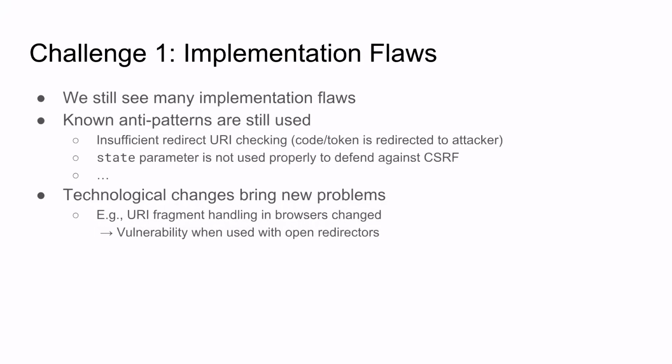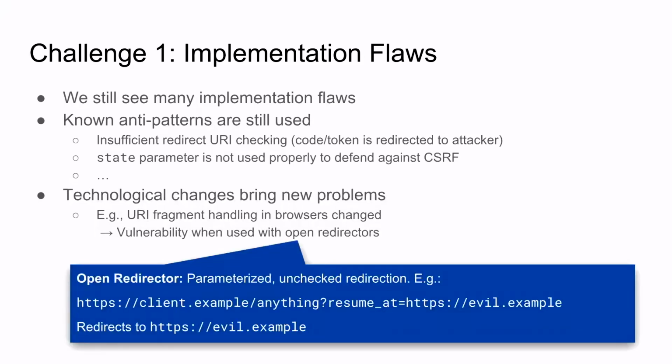So what's an open redirector? Well, very simple. It's a parameterized, unchecked redirection. Say, for example, you have a URI like client.example/anything, and then a parameter resume at, and then you can provide some URI. If you call that URI, it will send you a location redirect header to that URI. So how can that be exploited?